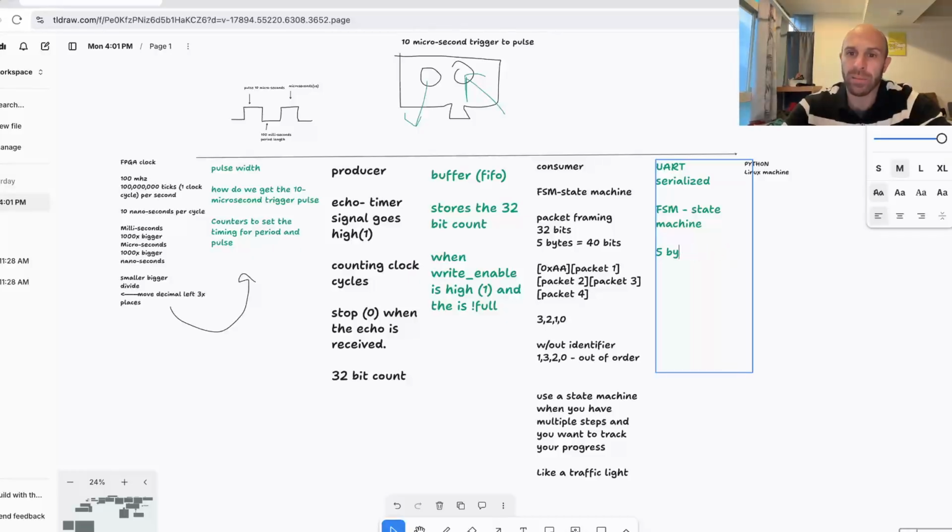So 1 byte, 8 bits. Now we need a start bit, the data bits, and the stop bit.